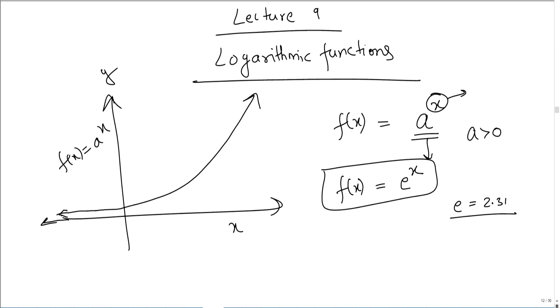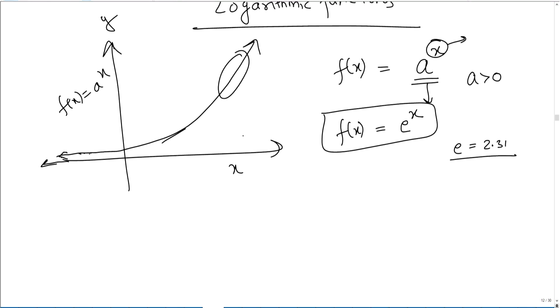So the rate of increase of y is changing. Initially the rate of increase of y with respect to x is very small, then it increases slightly, and in the later part it is very high. The rate of change in y with respect to x is increasing as the value of x increases.